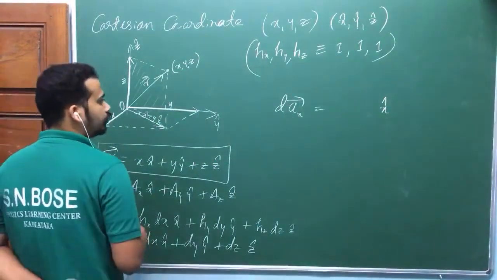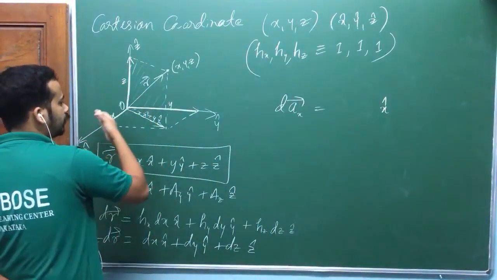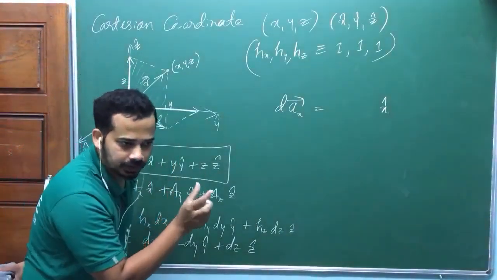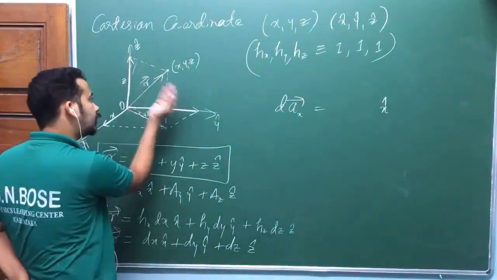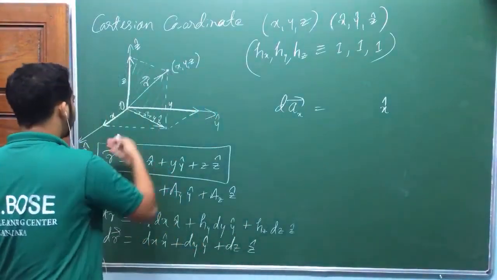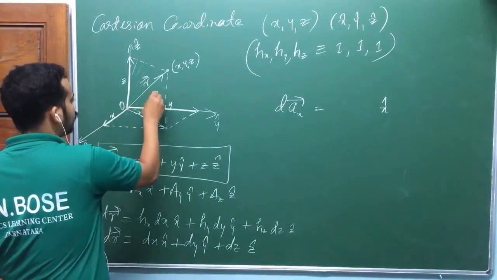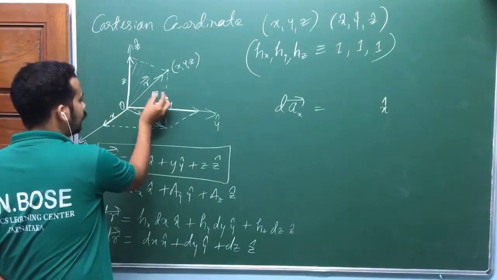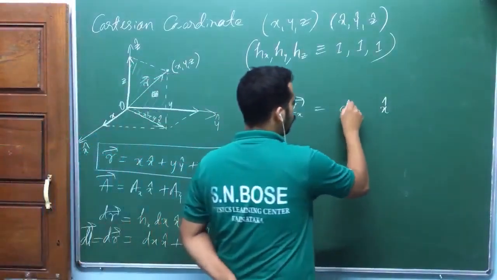That means the area vector of that infinitesimal element is along the x cap direction, so that area is parallel to the zy plane. Can you imagine that one? If you are finding the area vector along x cap, you are defining the area in the yz plane actually. That's why that area element is equal to dy into dz. Can you just imagine? dy dz.